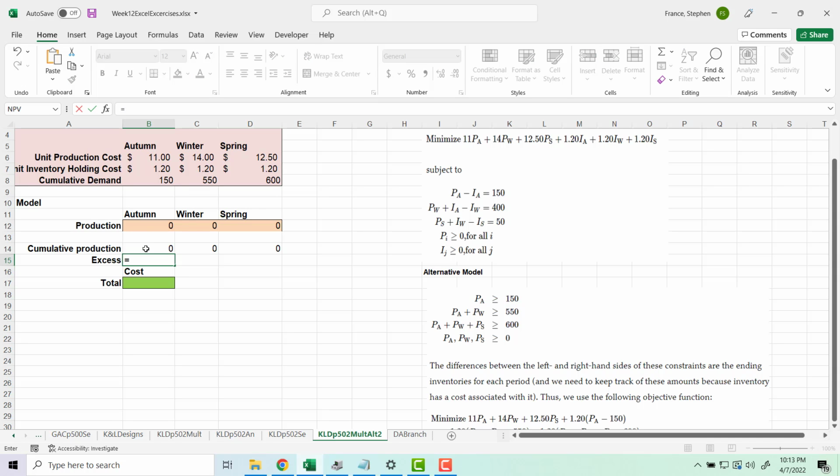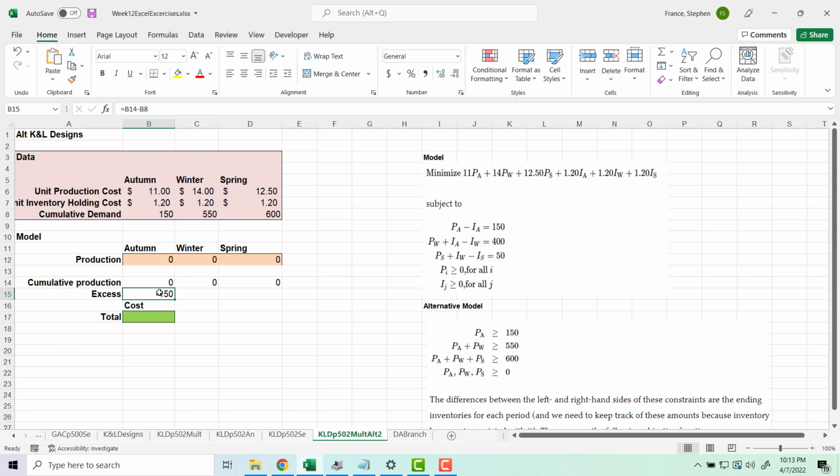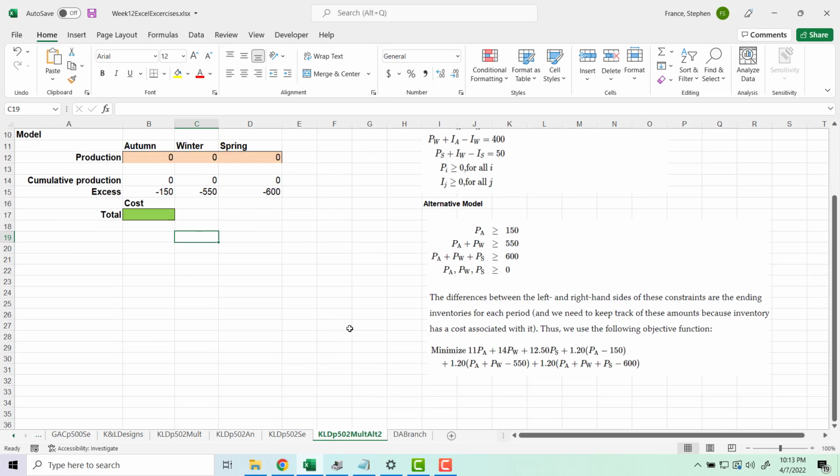And that's just going to be the cumulative production minus the cumulative demand. You can see, to start off with, we're not really in a feasible region here, because our constraint is that the production is greater than the demand at each period. So if we run the optimization, this should never be negative.